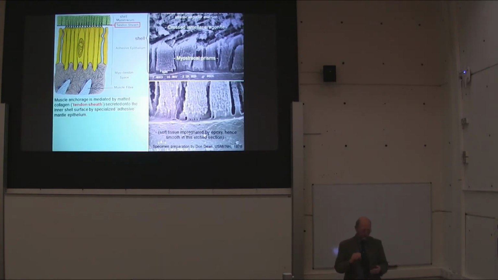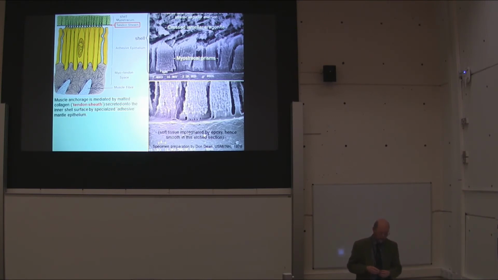Here we need to go to some nice TEM work that was done in the 1970s, which demonstrated that the muscle anchorage is mediated by a collagen mat known as the tendon sheath, which effectively glues the specialized epithelium that lies between the shell and the muscle to the shell surface.